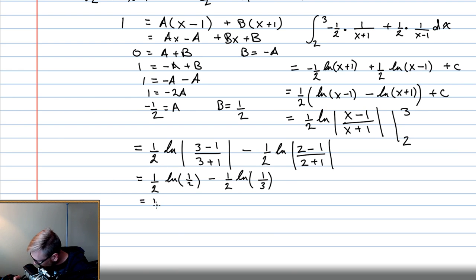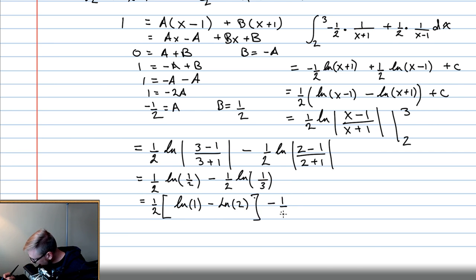What does this equal? 1/2. This is the division, right? So this is the natural log of 1 minus the natural log of 2, right? And then we've got minus 1/2 natural log of 1 minus the natural log of 3.